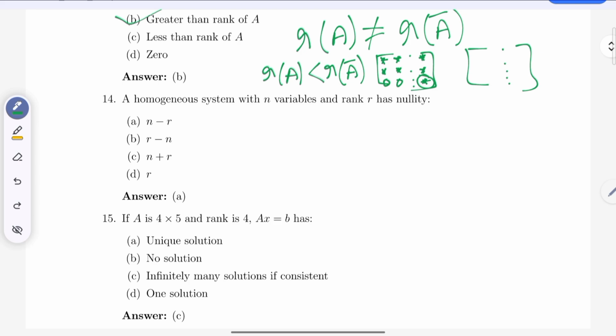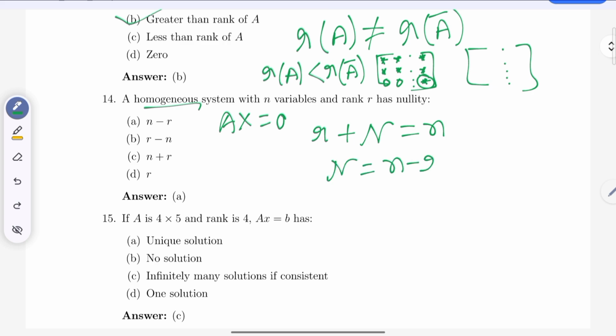A homogeneous system of n variables, that is Ax equal to 0, rank of r has nullity. So we know that rank plus nullity equal to n, where n is the number of unknowns. So nullity equal to n minus r, option A. If A is 4 by 5 matrix and rank is 4, then Ax equal to B has, now rank of A equal to rank of augmented matrix.